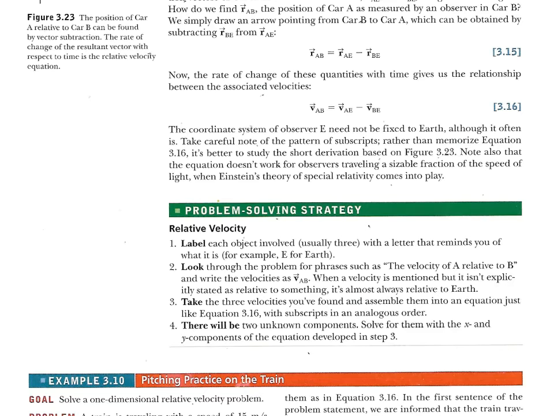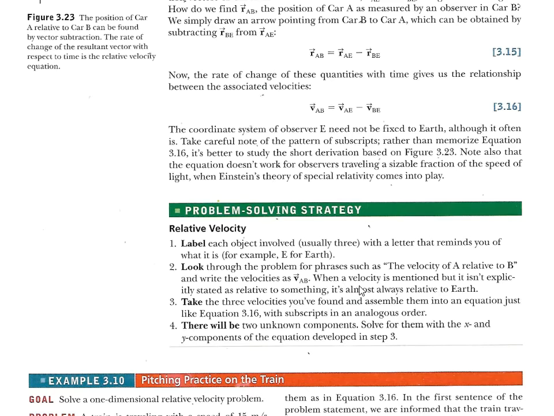Problem-solving strategy for relative velocity problems. Number 1, label each object involved. There's usually 3, like wind, earth, air, with a letter that reminds you of what it is. For example, E for earth. Number 2, look through the problem for phrases such as the velocity of A relative to B, and write the velocities V sub AB.